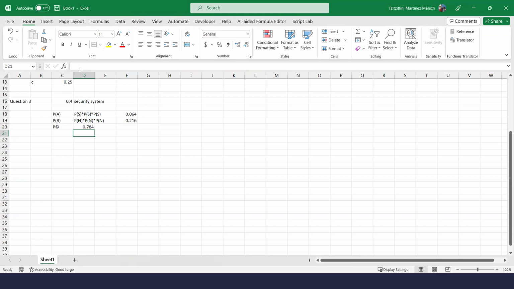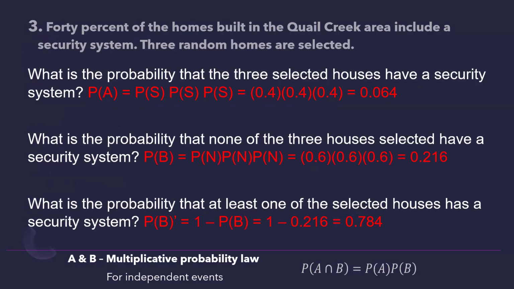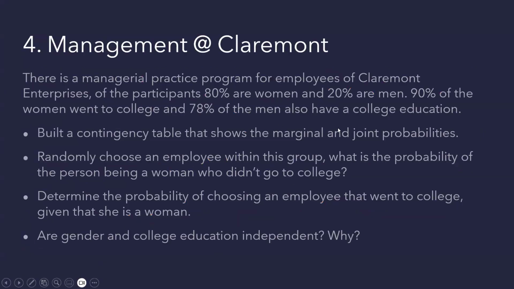Because we've eliminated the possibility of none having it, the probability of at least one having it is going to be 0.784. So there it is: here is the case of none of them having and all of them having. Remember, these are independent events.